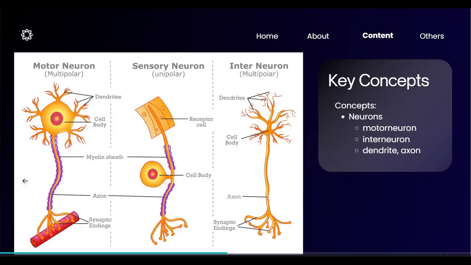And the reason why I bring this up is because some of the parameters that they're going to be changing relate to dendrites and these different anatomical features, so it's important that you do know them. So that's the motor neuron. And now here we have the interneuron. So same type of structure, except that we're not connected to the muscle this time.